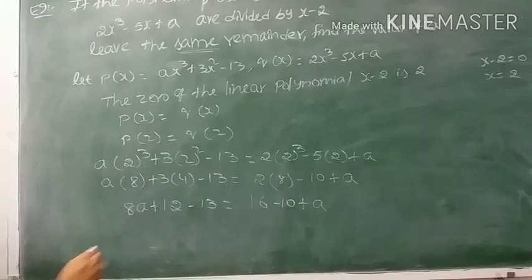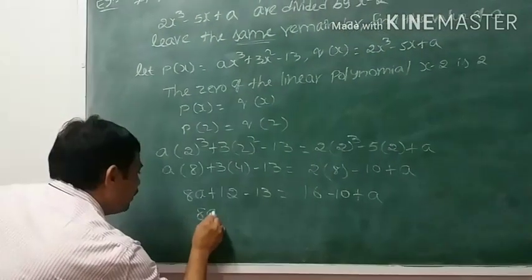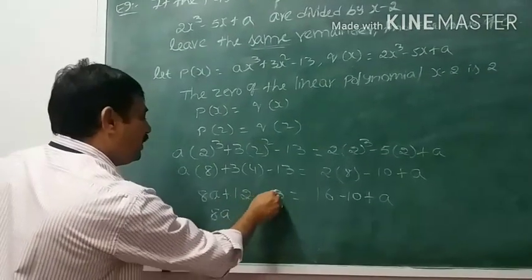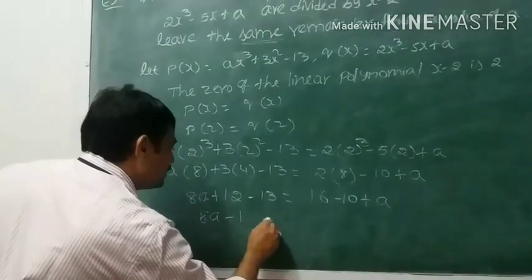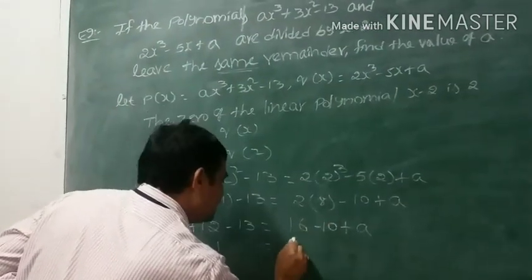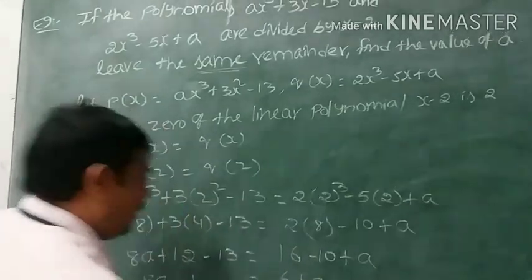Now see this one, 8a. 12 minus 13 gives minus 1, since the bigger number is in the minus. On the other side, 16 minus 10 is 6, so 6 plus a.